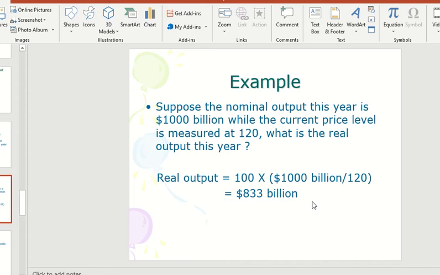But when you think about it, nominal output is simply the product of the price and the quantity of goods and services that is produced. So when we go from $800 billion to $1,000 billion, we don't know how much is because of an increase in the production of goods and services, and we don't know how much is because of an increase in the price level.